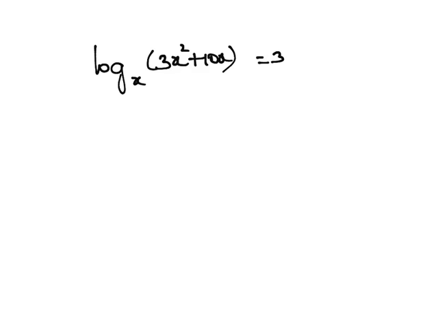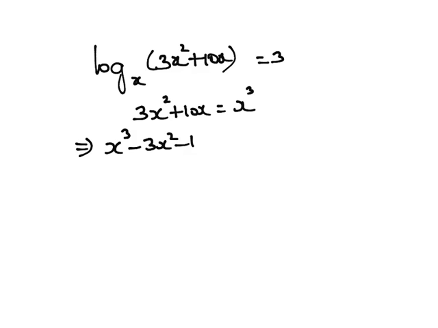Log of 3x squared plus 10x to the base x equal to 3. So there is only one logarithm, and so let me write it in exponent form. So I'll get 3x squared plus 10x equal to x raised to 3, which if you simplify you get x cube minus 3x squared minus 10x equal to 0.